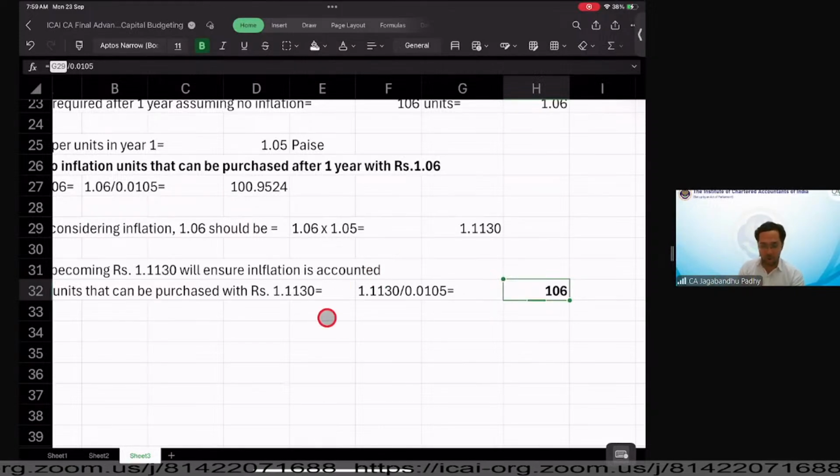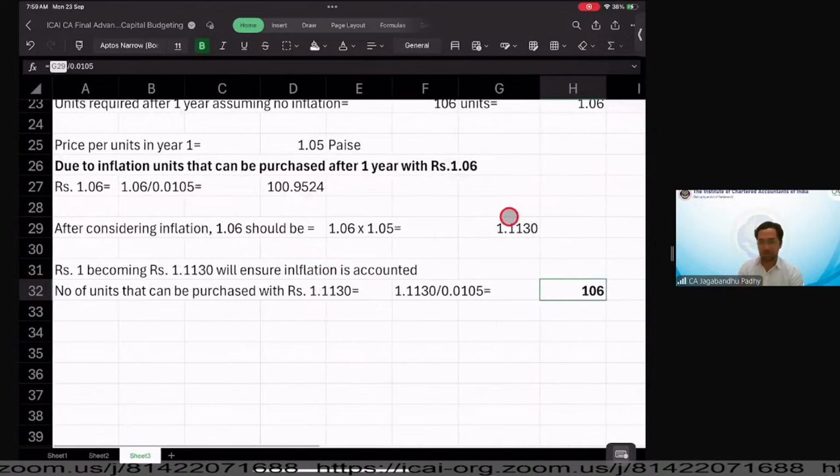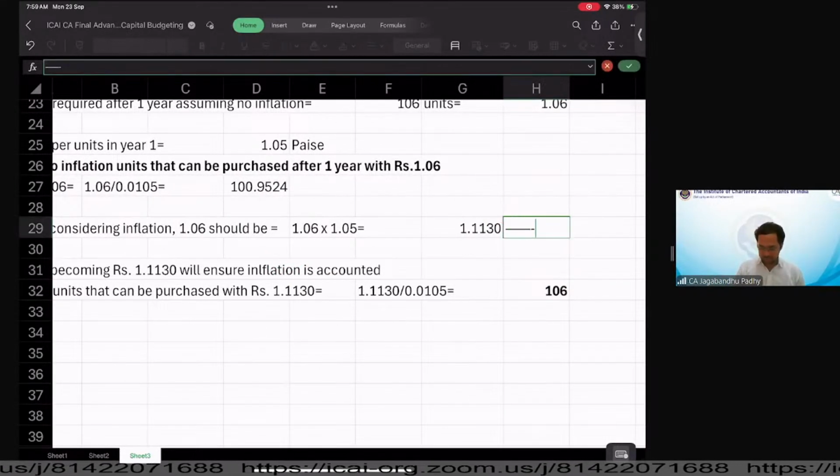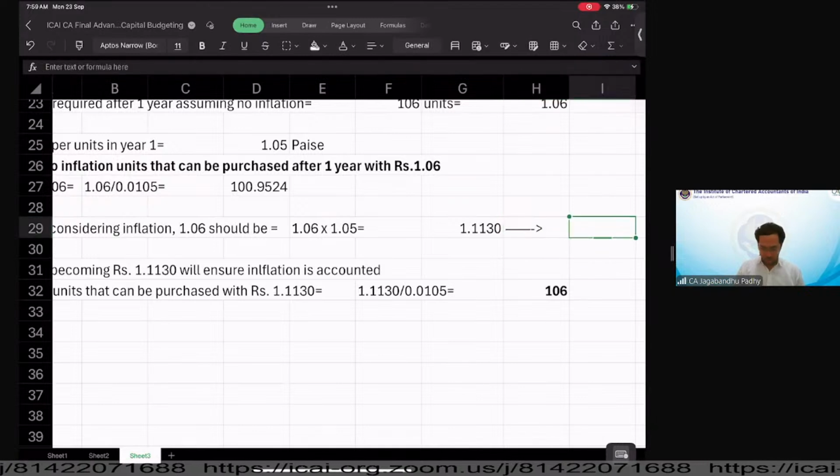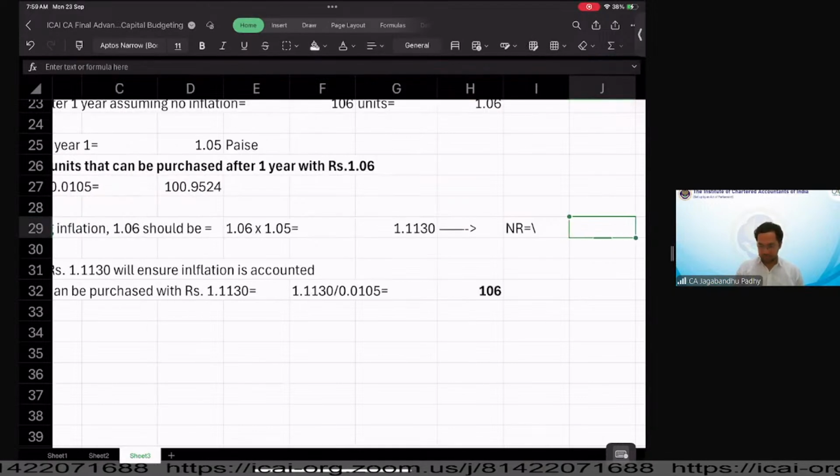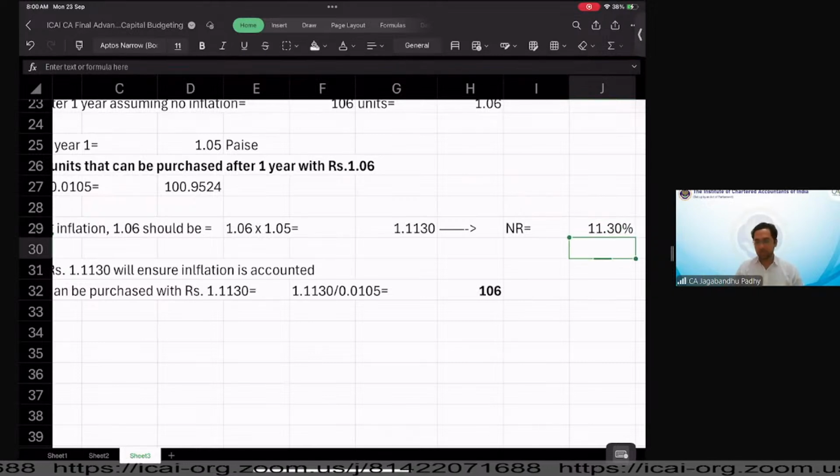See, now can we say 106 units is a possible reality if the project is going to give me a nominal rate of, if 1 rupee becoming 1.1130, can you tell me this translates to what nominal rate? Because when your 1 rupee becomes 1.1130, can I say nominal rate over here is 11.30%?